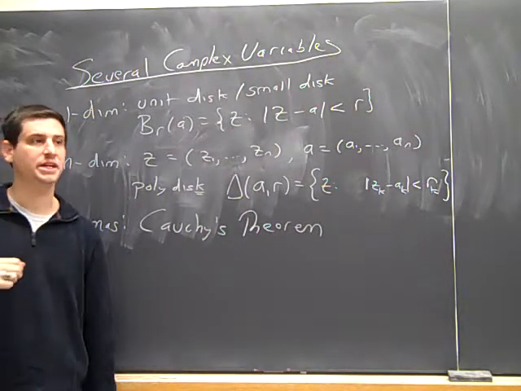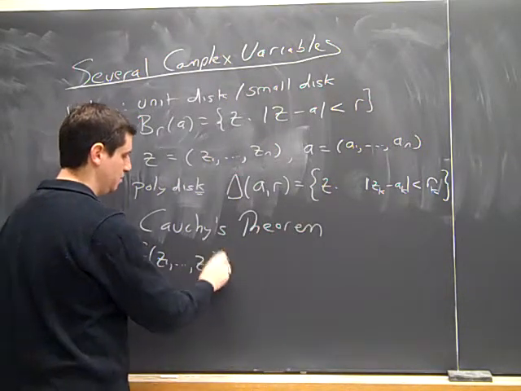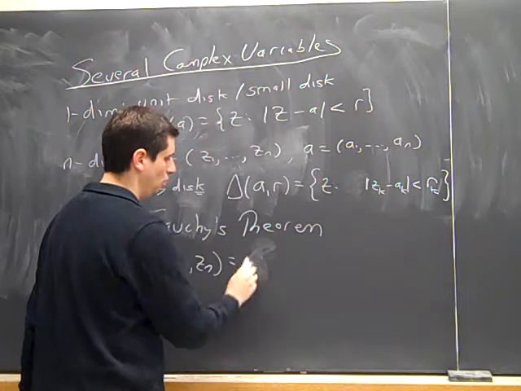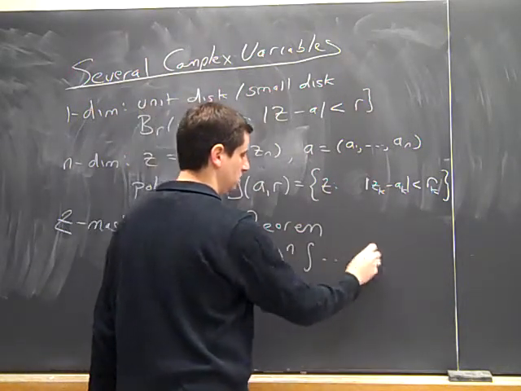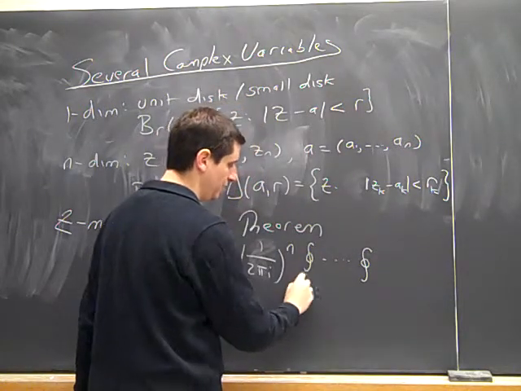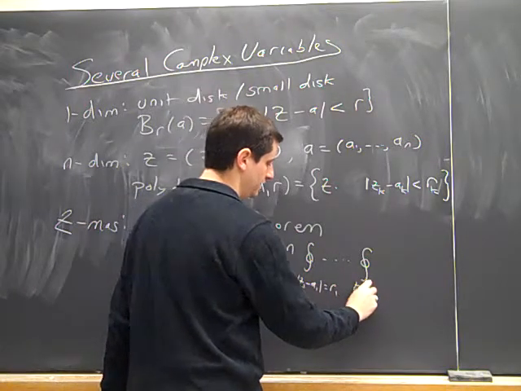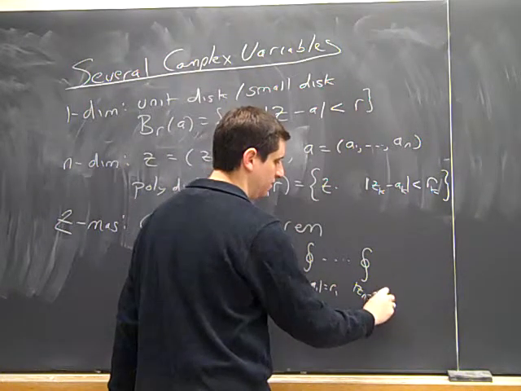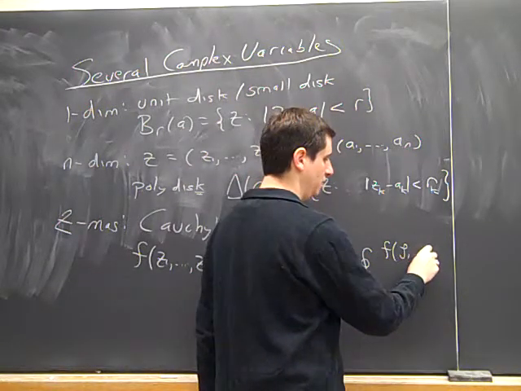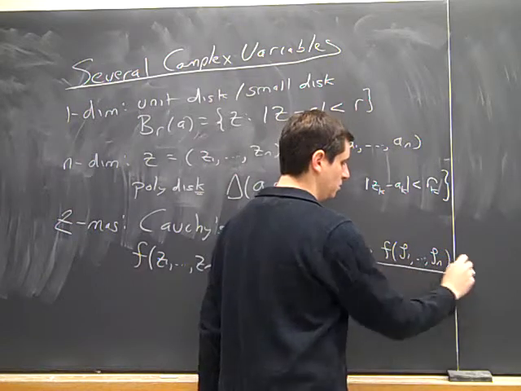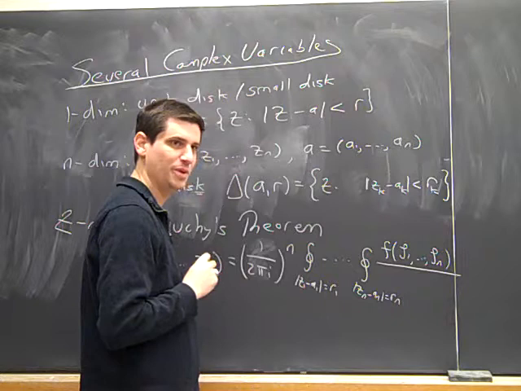And so you basically get an analog that f of z1 through zn is equal to 1 over 2 pi i to the n, and then here you'll have the integral over z1 minus a1 equals r1, through zn minus an equals rn. Then you'll have f of zeta 1 through zeta n over, then what would we have down below? Who remembers?